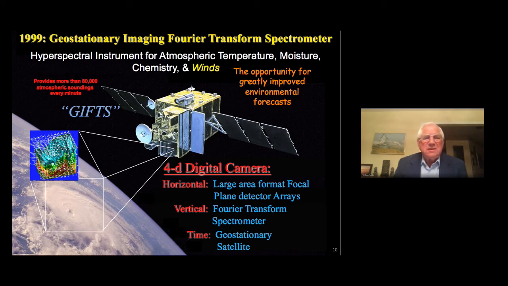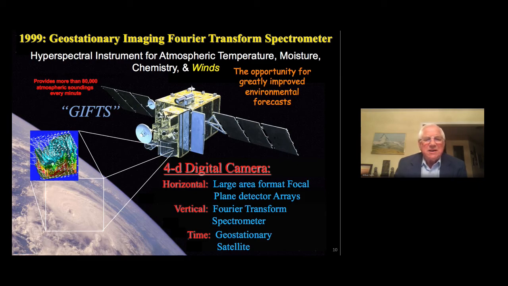And so in 1997, I left Wisconsin for a short period of time, at least I thought it would be a short period of time, to get NASA to fly a geostationary imaging Fourier transform spectrometer. This instrument used a very large detector array so it could look at a volume of atmosphere, thousands of kilometers on a side at one time with many detector elements.